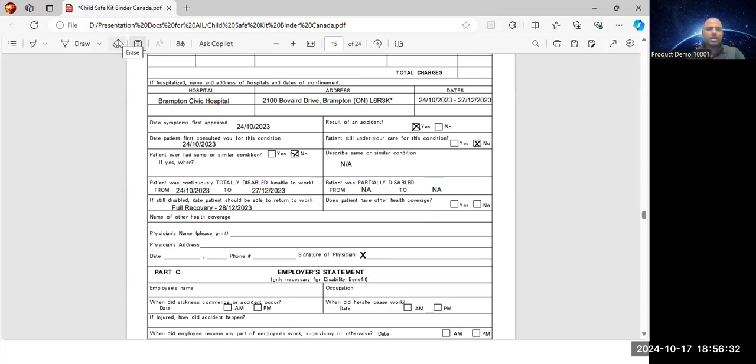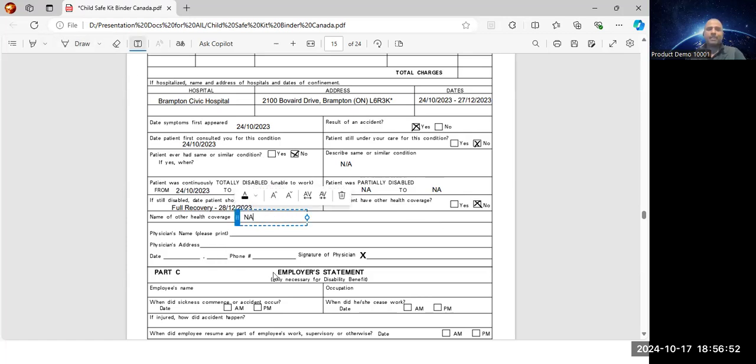So this patient have any other coverage whatsoever? So you're going to say no, okay, unless you do have coverage from your employer. Okay, and right over here, you're going to declare that this is not applicable.